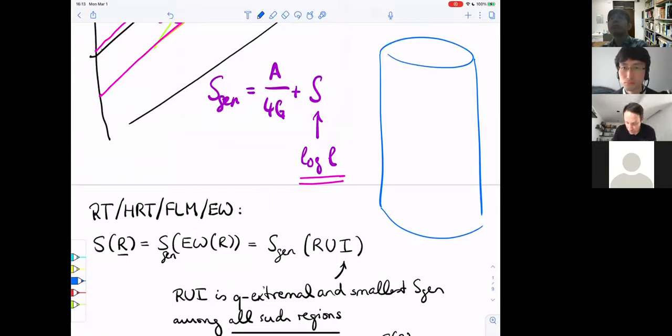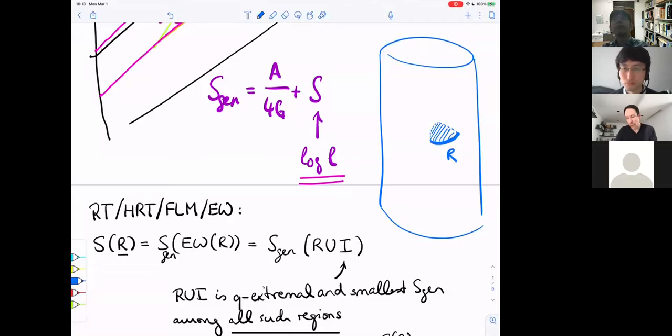Suppose that on the boundary I specify a particular region, let's say this one, R. The entanglement wedge is defined as the minimal area surface that is anchored on the boundary of R. Or more precisely, it would be the domain of dependence, or all the points that I can predict or retrodict from the enclosed region. So this is the entanglement wedge.